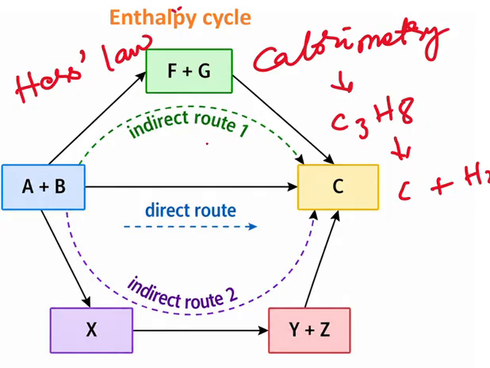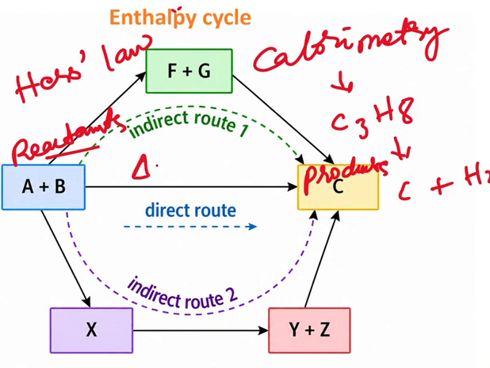Let us consider one example, given in this diagram. Consider A plus B as the reactants. A plus B combine to form C, the product, in a direct step.